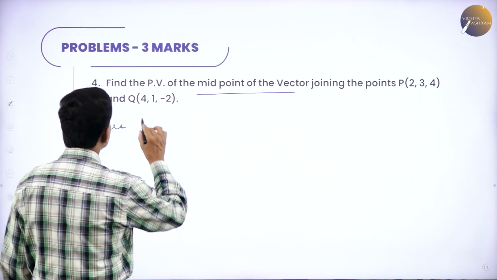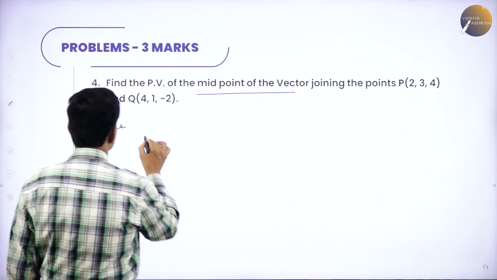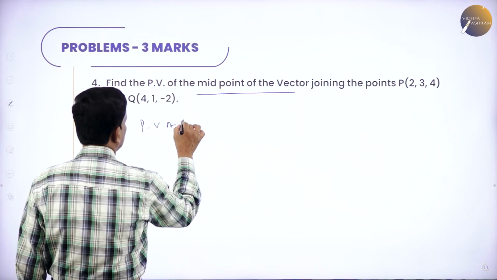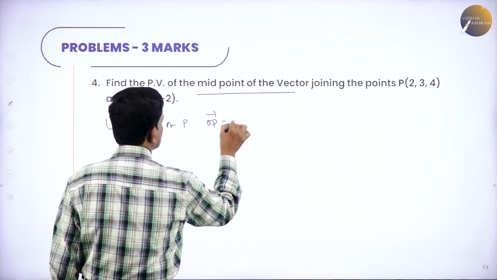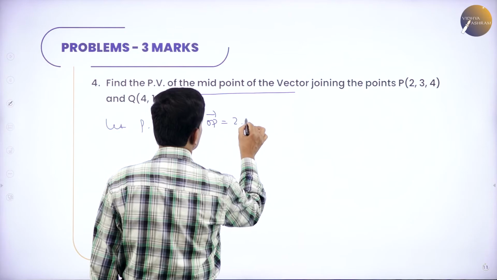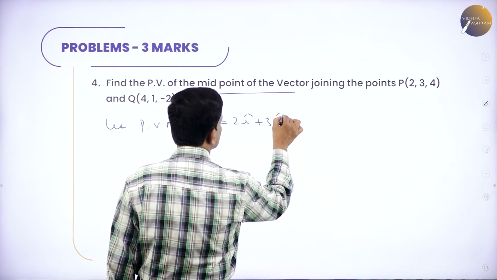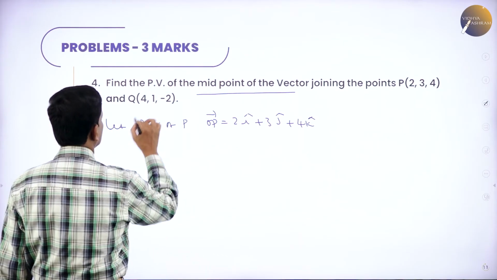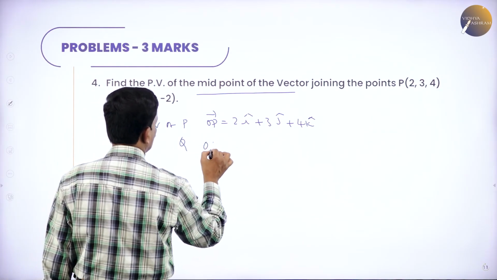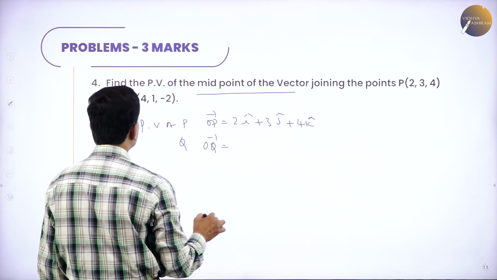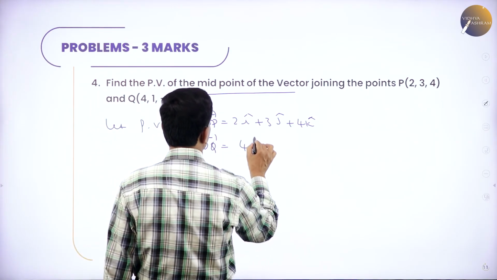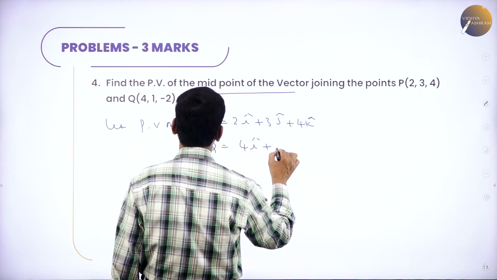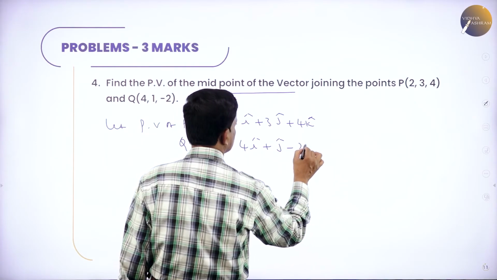Let the position vector of P be vector OP equal to 2i plus 3j plus 4k, and the position vector of Q be OQ equal to 4i plus j minus 2k.